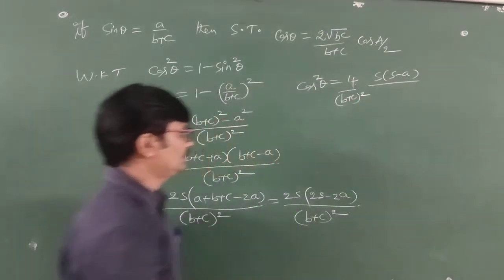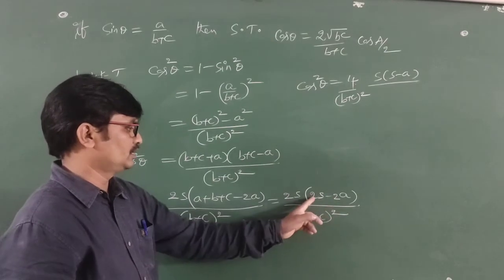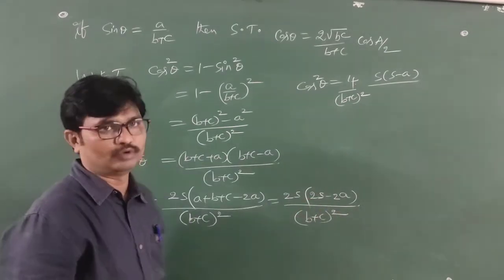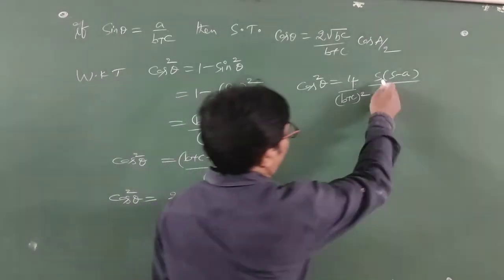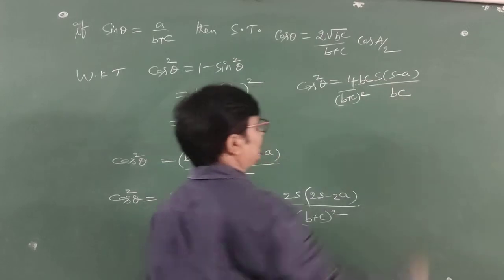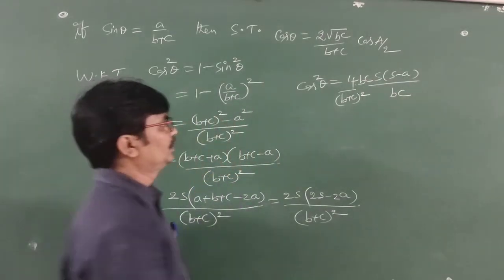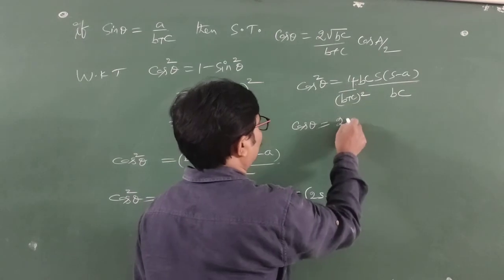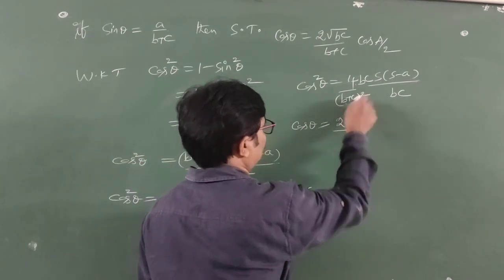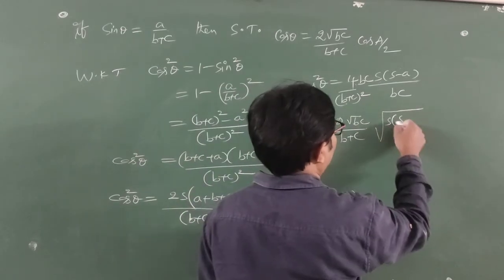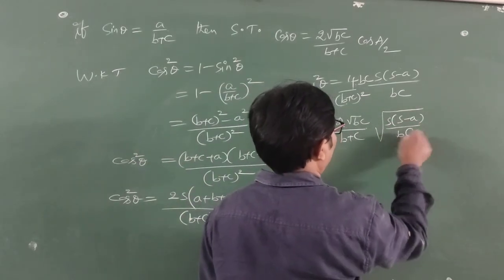What we observed students? We have to know that s into s minus a by bc is there. So we are taking into bc by bc. Therefore students, cos theta equal to root 4 is the 2, root of bc, square and under root cancel. This is root of s into s minus a by bc.